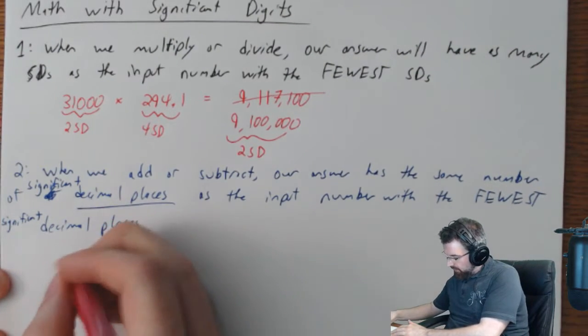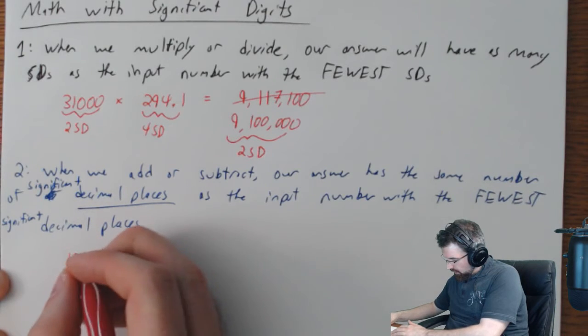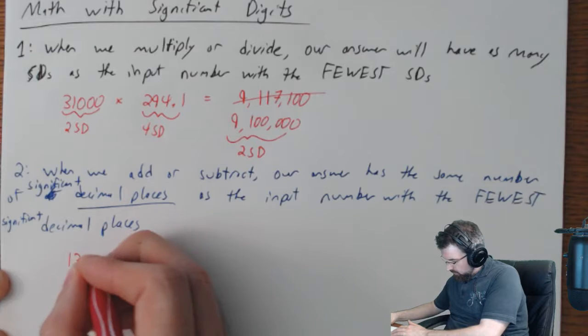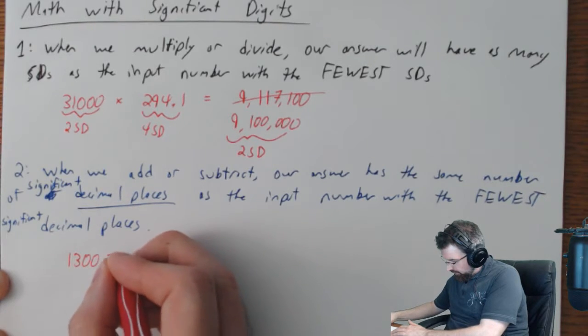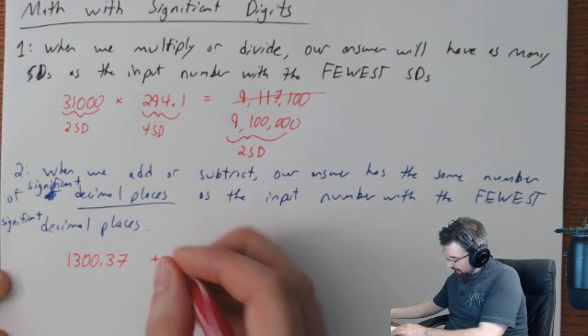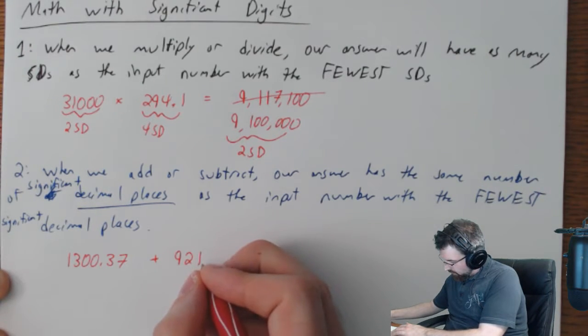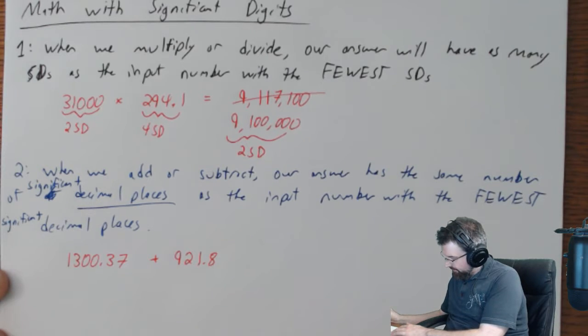Well, say we had 1,300.37, and we were to add 921.8.